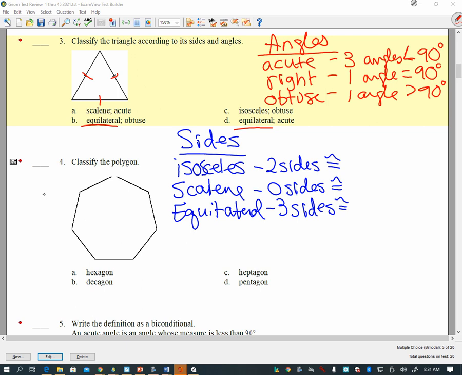Okay, but what I want for your work is, if you're going to write equilateral, you're going to tell me three sides congruent. Okay? And it's going to be acute, because all three angles are less than 90 degrees. I don't just want equilateral, acute. I want you to tell me what the term equilateral means and what acute means.